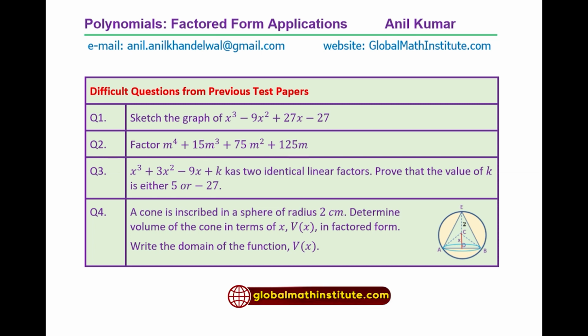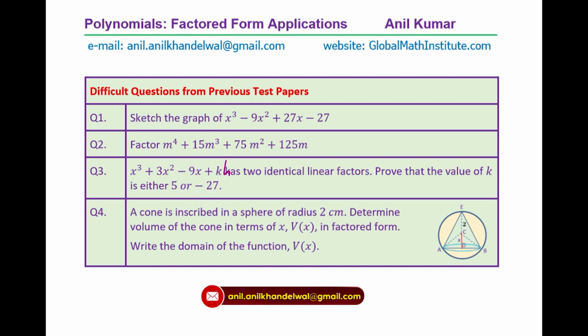Question number 3. x cubed plus 3x squared minus 9x plus k has 2 identical linear factors. Prove that the value of k is either 5 or minus 27.